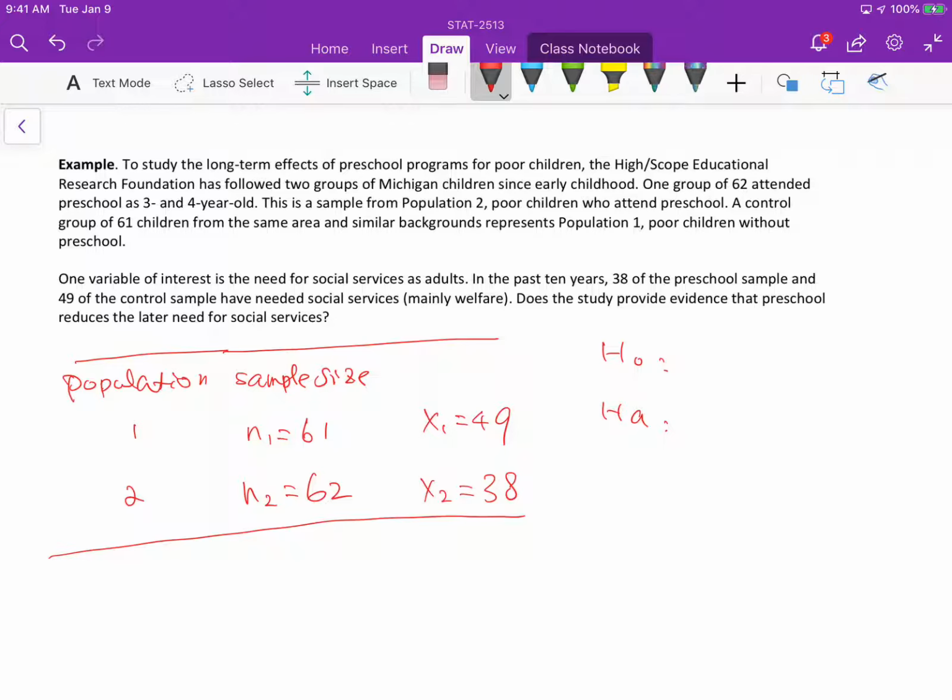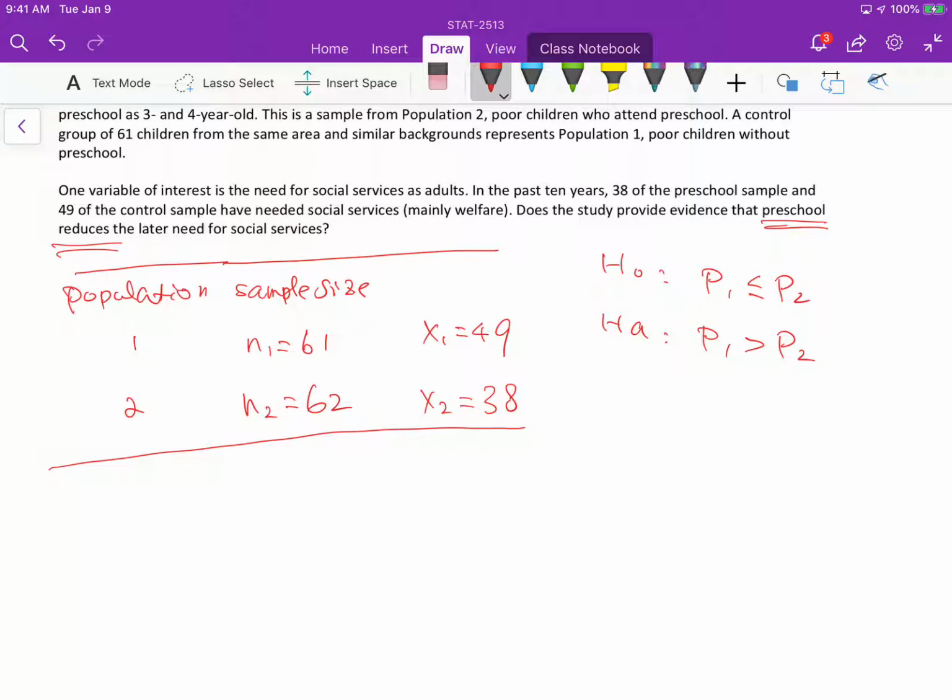We want to find evidence that preschool reduces the need for social services. So it just means P1 should be greater than P2, right? P1 means the children without preschool, and P2 is the children with preschool. So the null hypothesis will be P1 smaller than or equal to P2.